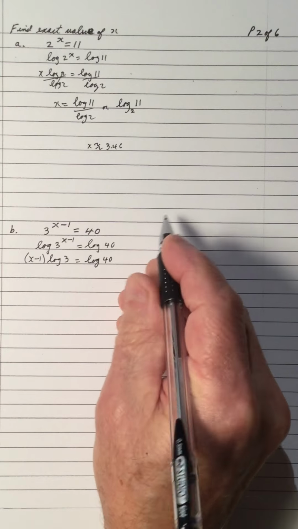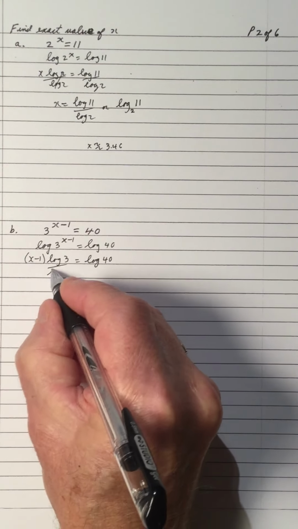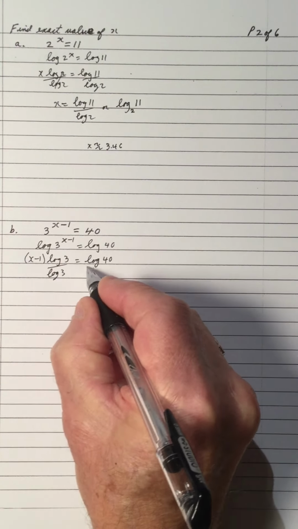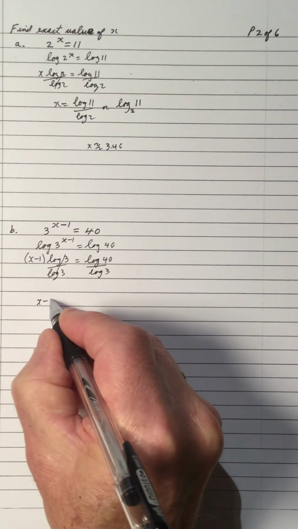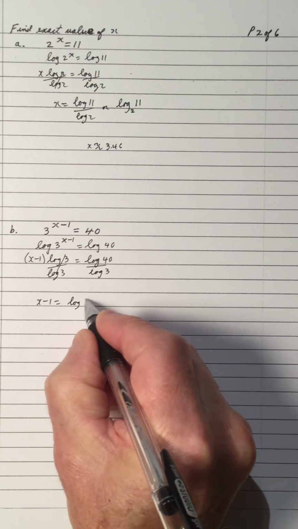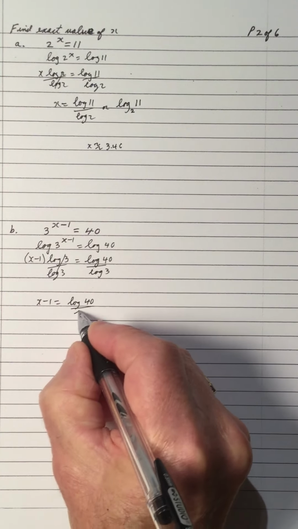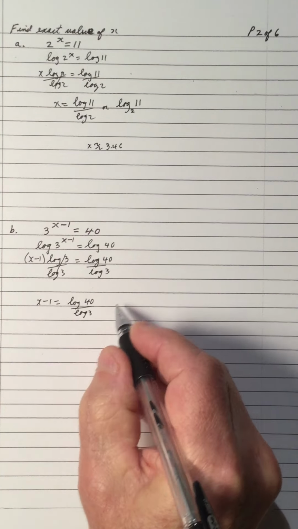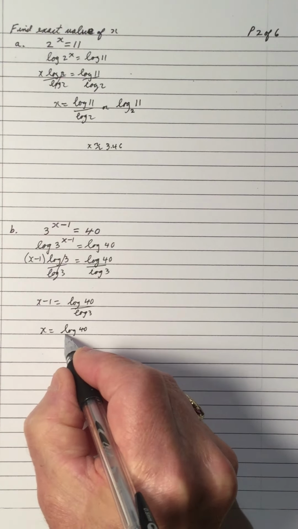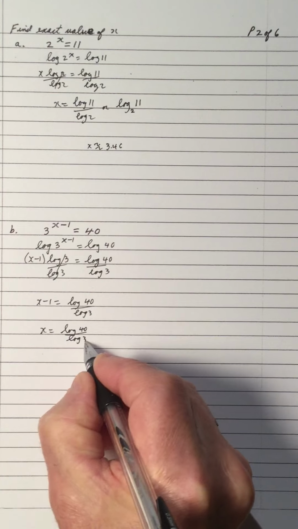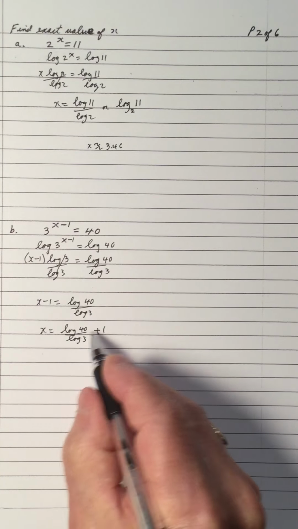And it's easier to divide by log 3 first. They cancel. So I get x minus 1 equals the log of 40 divided by the log of 3. And so x equals the log of 40 divided by the log of 3 plus 1. So that's the exact value.